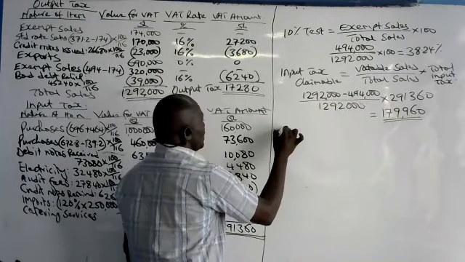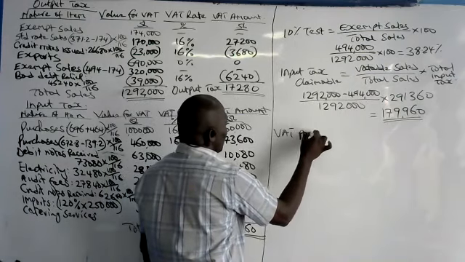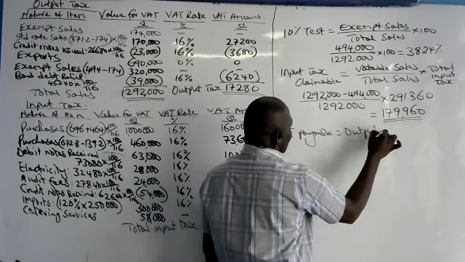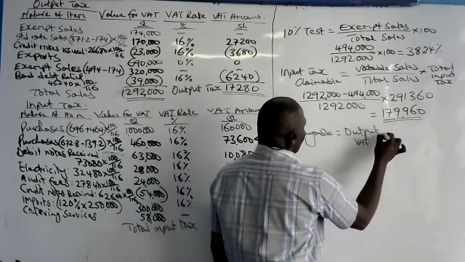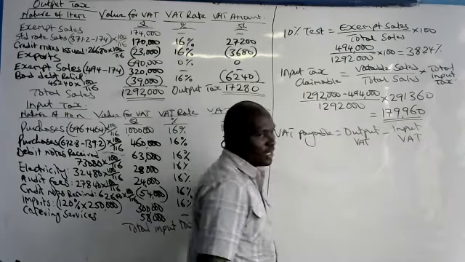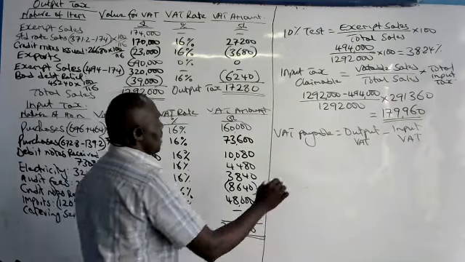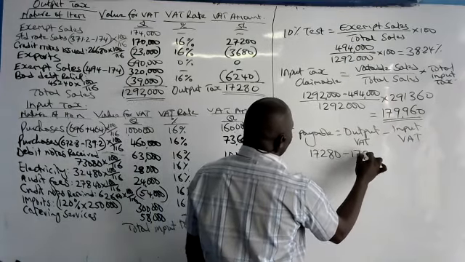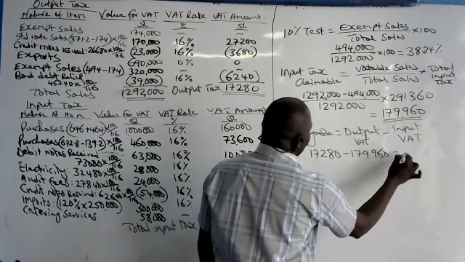Yeah. So VAT payable is output VAT minus input VAT. Output ni ngapi? 1728 minus 179 960.